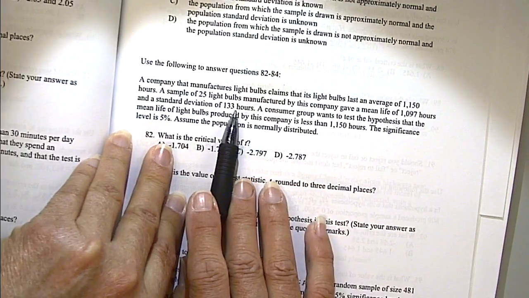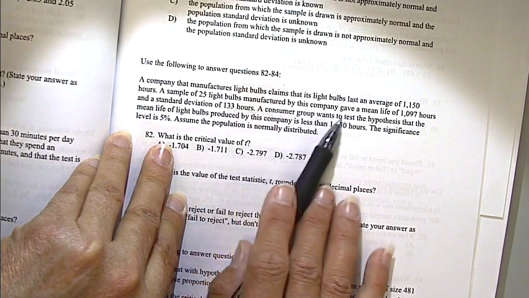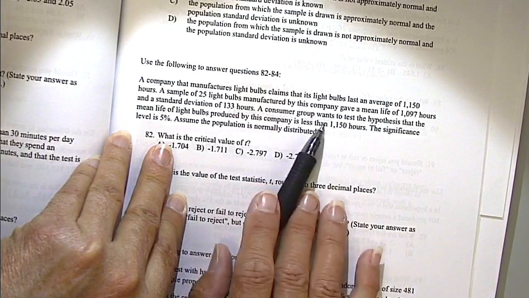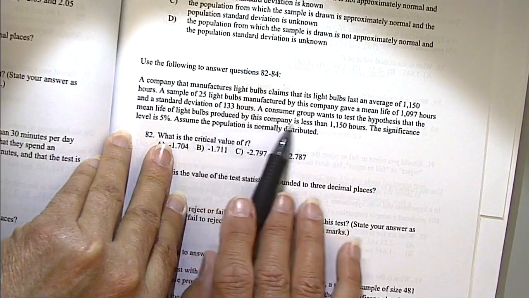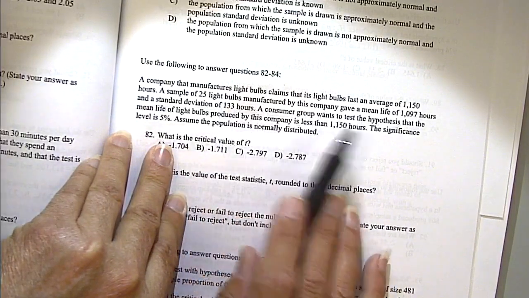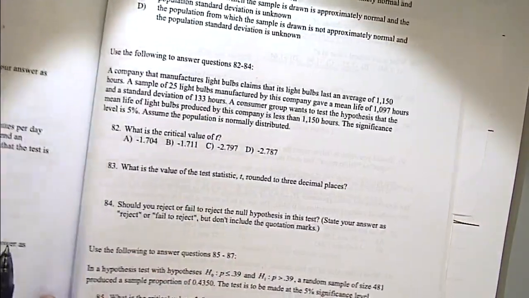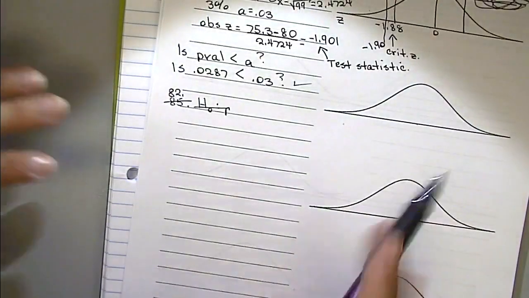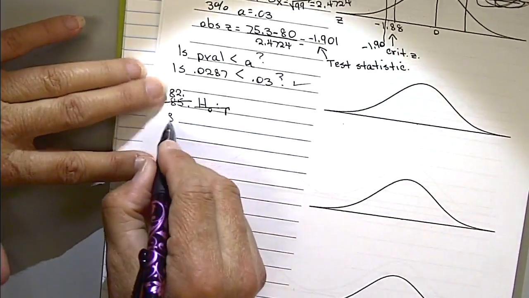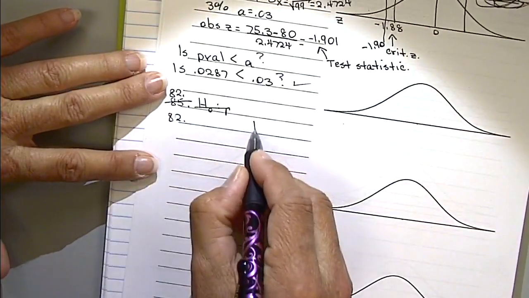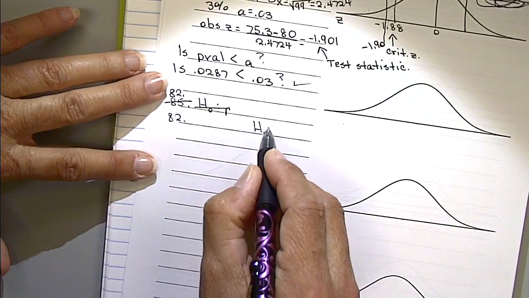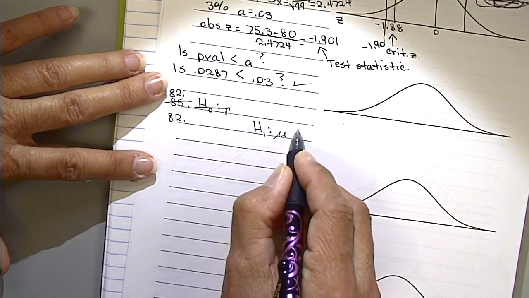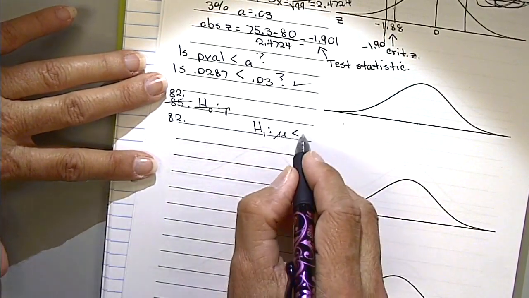You see it? So we don't have the population standard deviation, do we? We have to use the t-table for this. So there's a consumer group, and of course they want to check and see if the mean produced by the company is less than. All right, so that's how we set up our hypothesis. Hypothesis 1 has to be set to be what the researcher wants to show. And hypothesis 1 says that the mean is less than, what was it, what the company claimed.